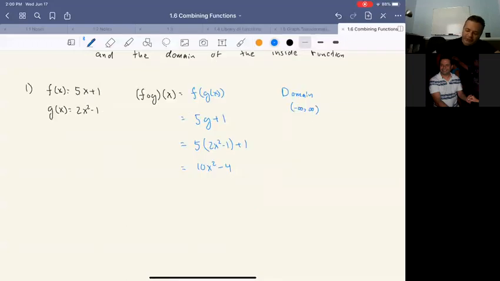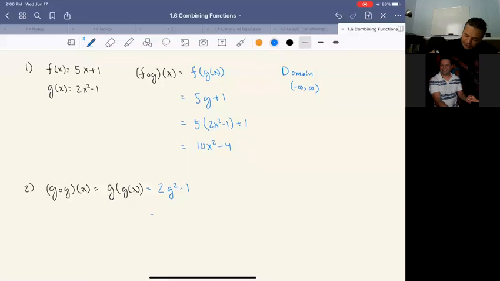Let's do another one with these same two. Let's do g following g of x. So that's g of g of x. So we're going to take 2g squared minus 1. Well, what's g?